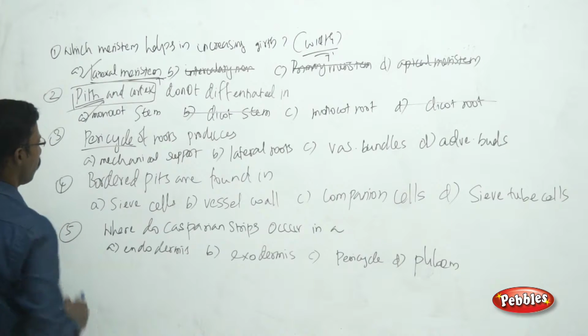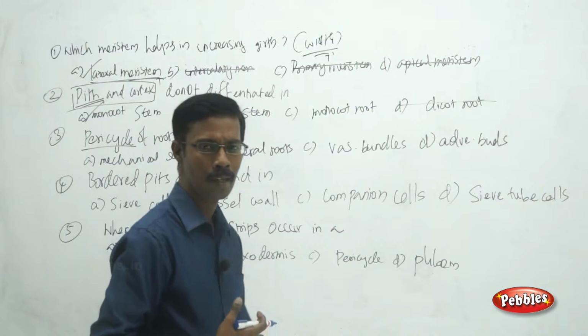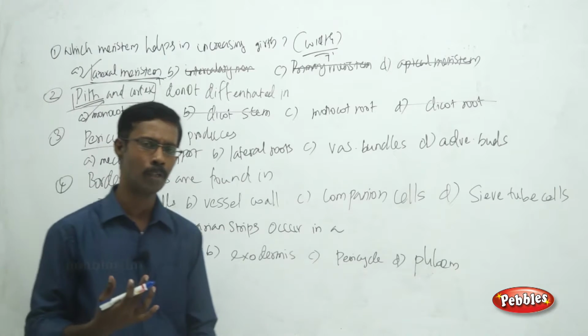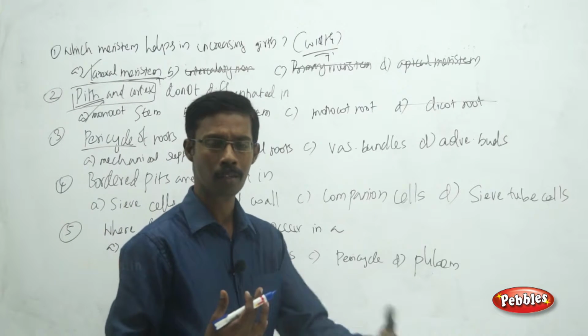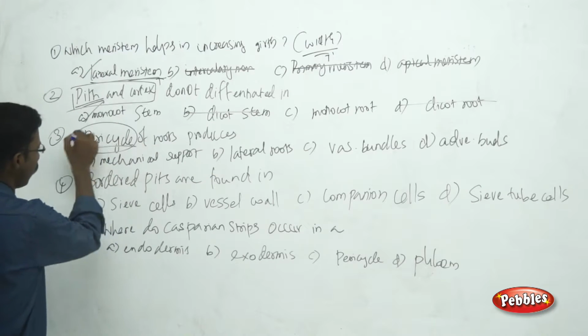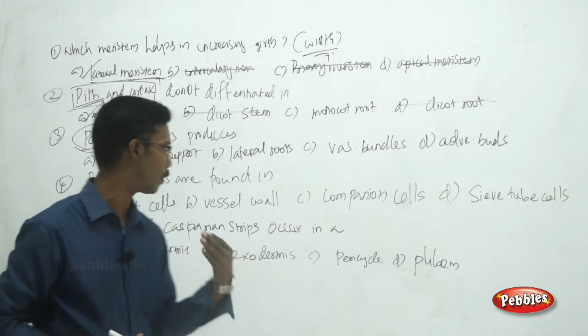And the next question, the pericycle of roots produces. Okay, pericycle is a layer just adjacent to the endodermis, and in some places the endodermis is interrupted by the xylem and phloem. The question is asking about the role of pericycle, what the pericycle is going to produce.